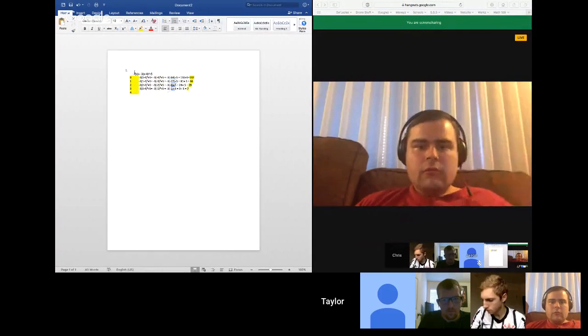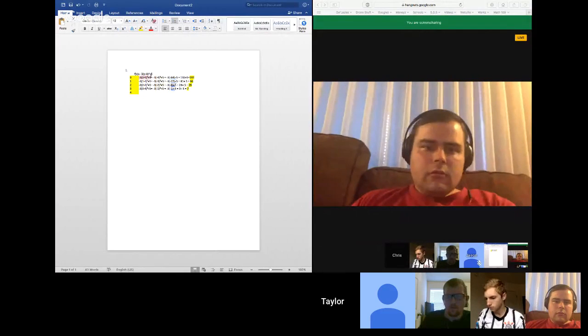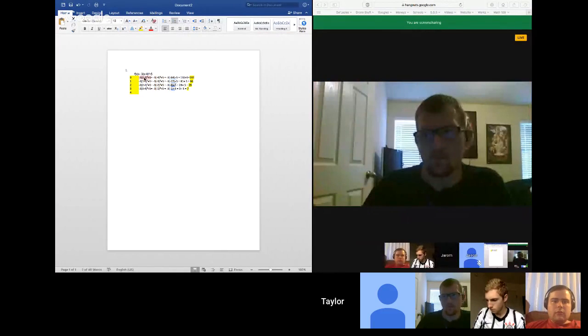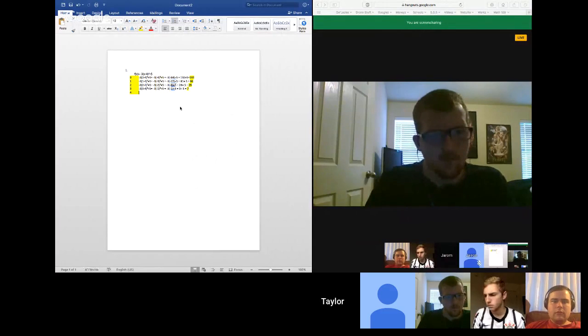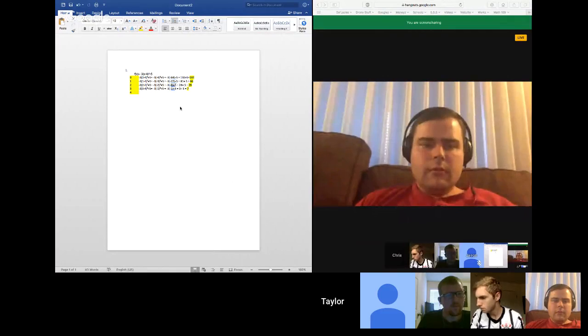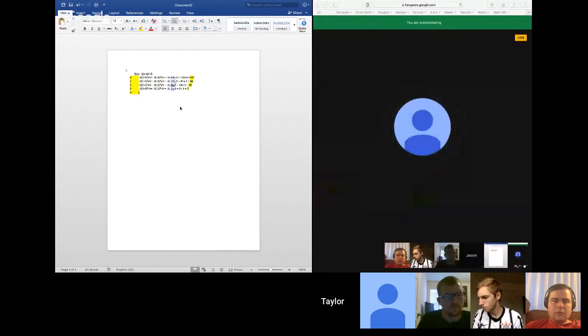I just have the equation here, implemented 0 in for x, and I got negative 197. And I just went down. I haven't graphed it yet, so I just started on it. All right.